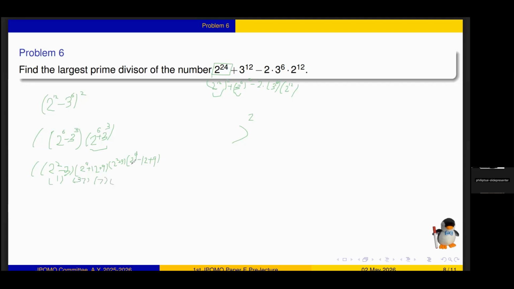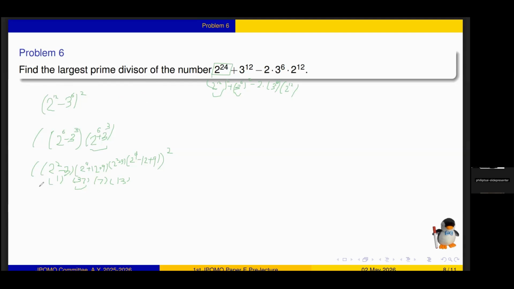And 2 to the 4th minus 12 plus 9, which is 16 minus 12 plus 9, which is 13. Now we clearly have a prime number here. And since this is squared, it doesn't change the prime divisors and the largest prime divisor.